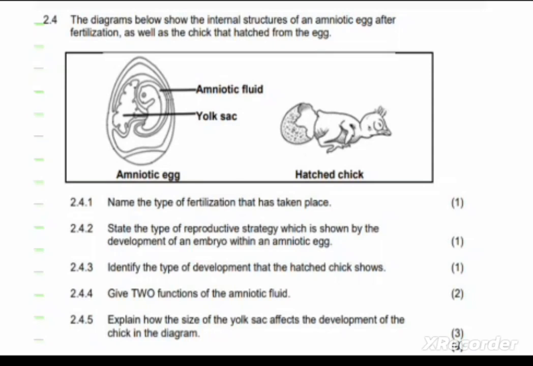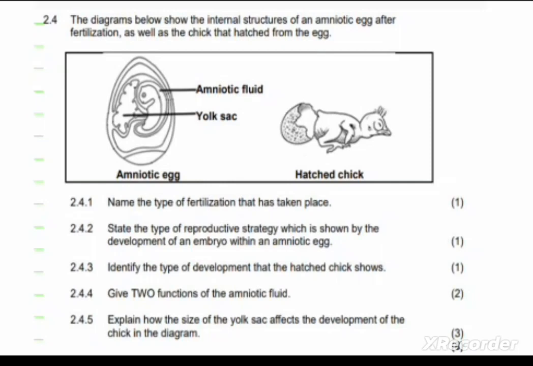So for the diagrams below, the first question: name the type of fertilization that is taking place, that is internal fertilization. And the second one says state the name of the reproductive strategy which is shown by the development of the embryo within the amniotic egg, that is oviparity.